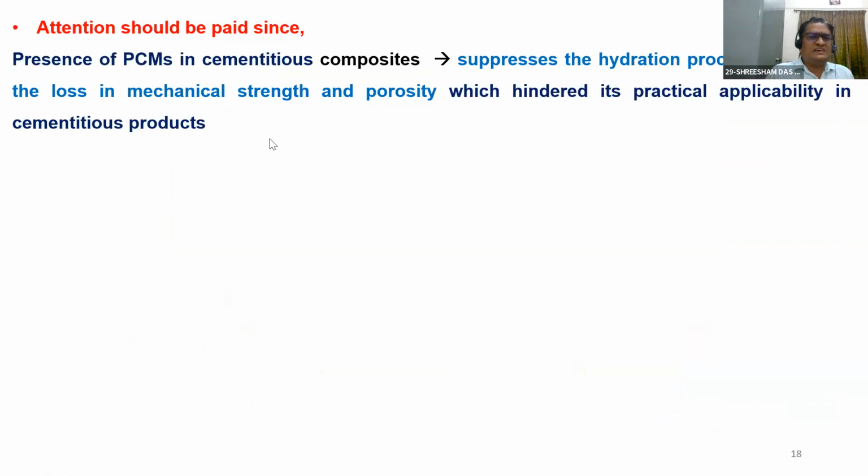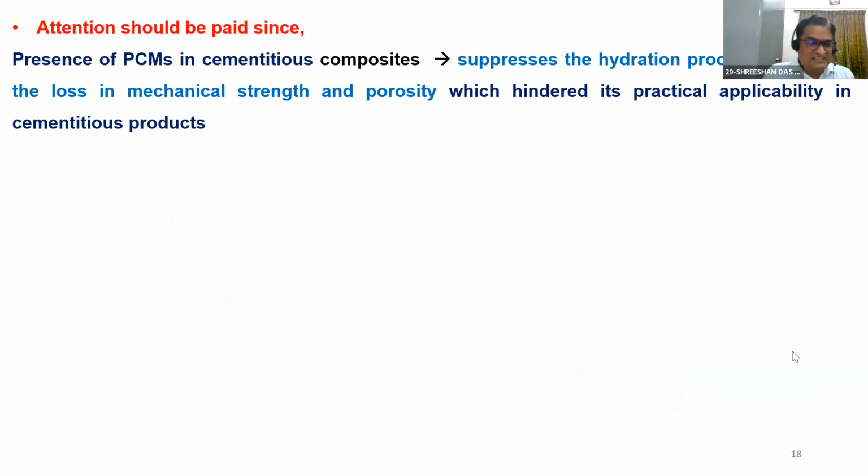What we realize at this point is that the presence of PCM in a cementitious composite suppresses the hydration process, and increases the loss in mechanical strength and porosity, which hinders its practical applicability in cementitious products.